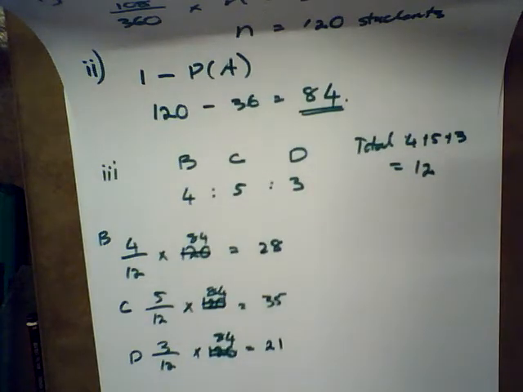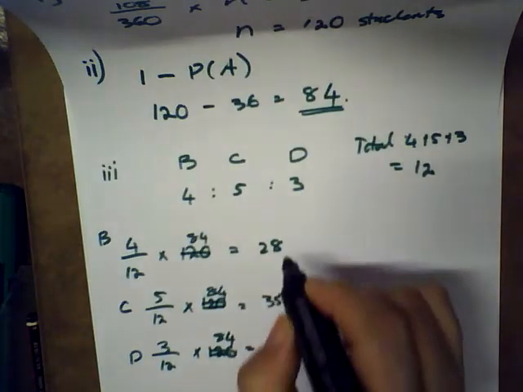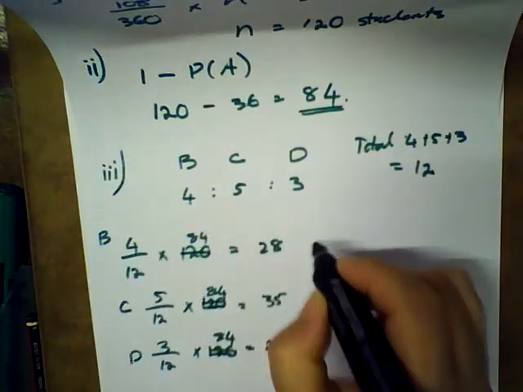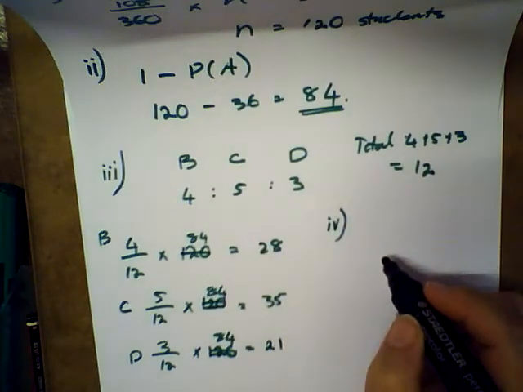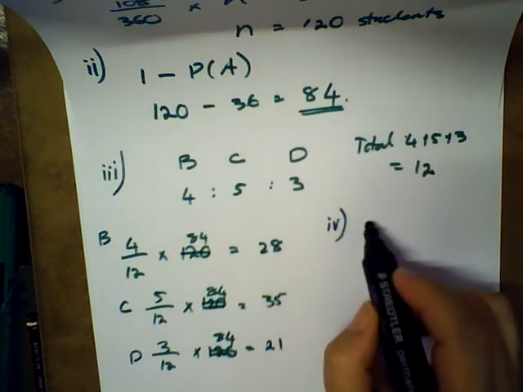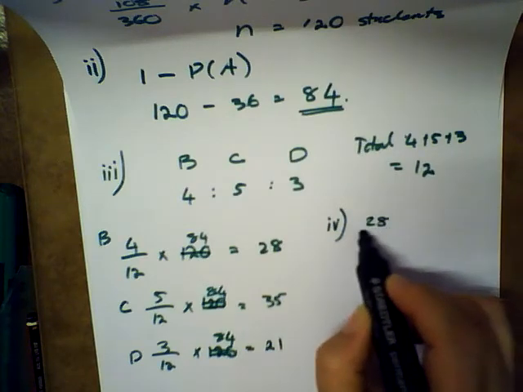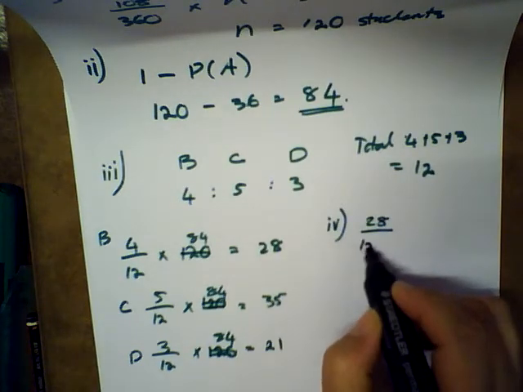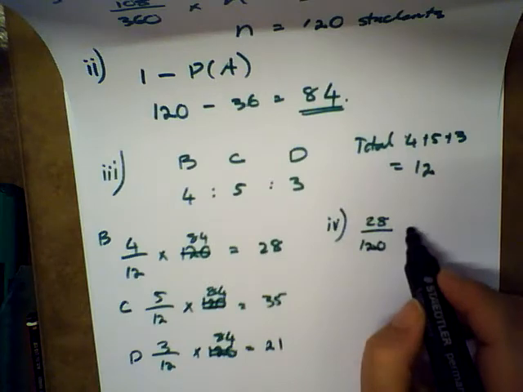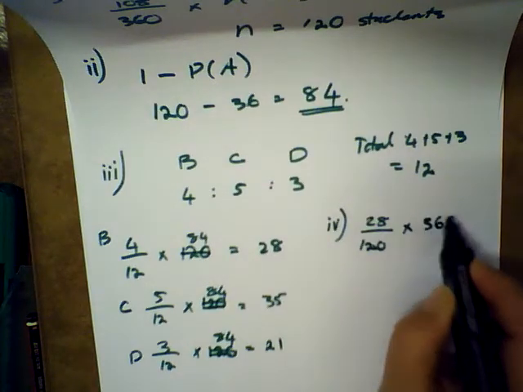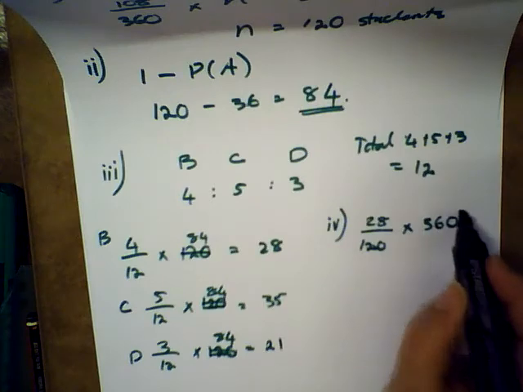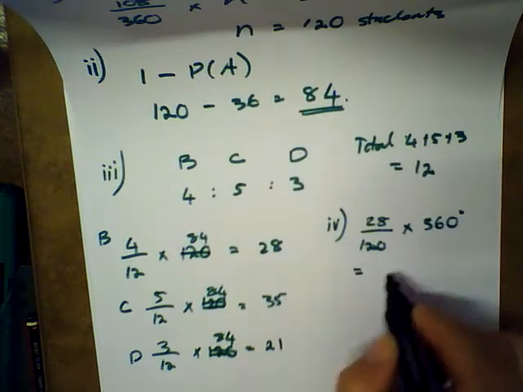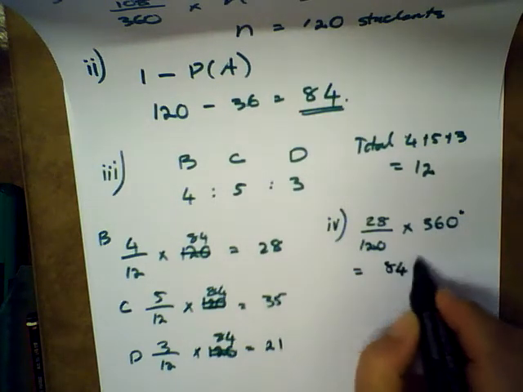Work out the angles for this pie chart. This one was question 3, and I'm just going to do question 4 here: the angle of each one of them. So that is 28 out of a possible 120 students times 360, because I want to convert it into angles, 360 degrees. That would give me 84 degrees.